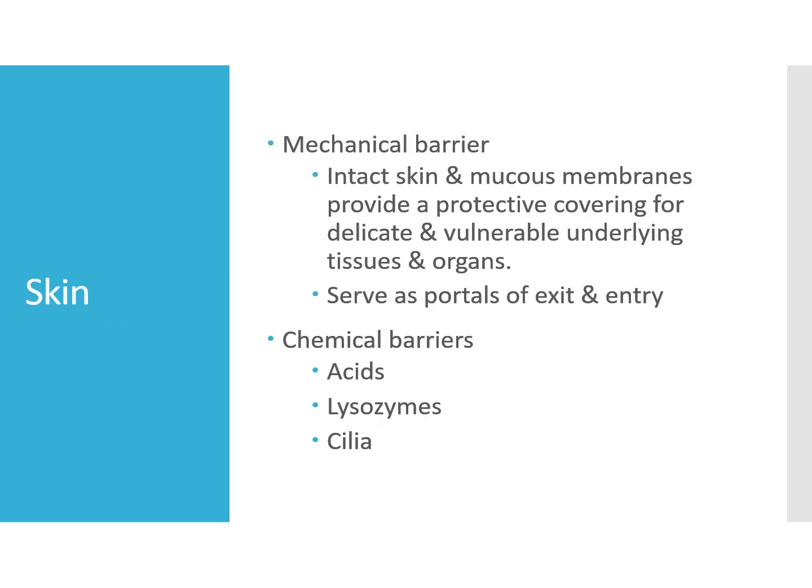Your skin is your first barrier, first line of protection against an infection. It needs to be intact. On our skin resides normal flora. These are standard on every individual. When we're talking about chemical barriers, we know that our tears, our saliva, and our sweat are all chemical barriers.